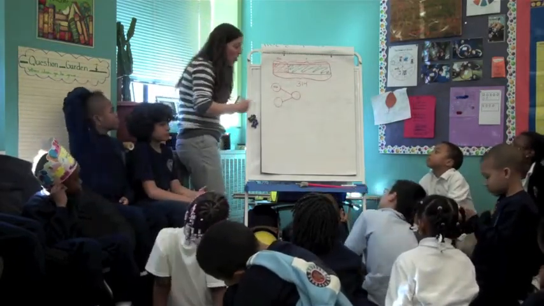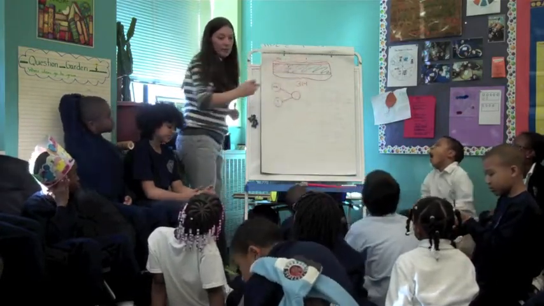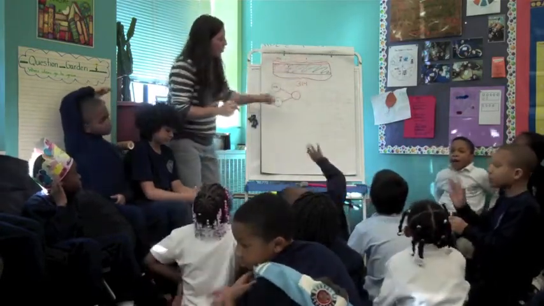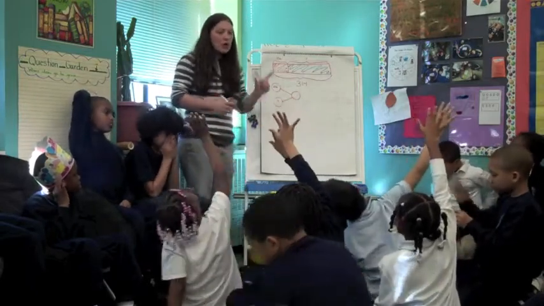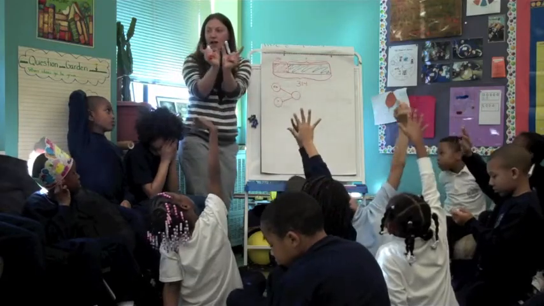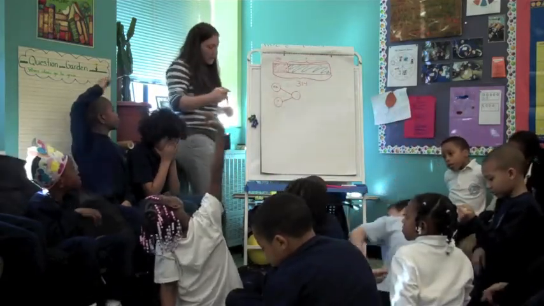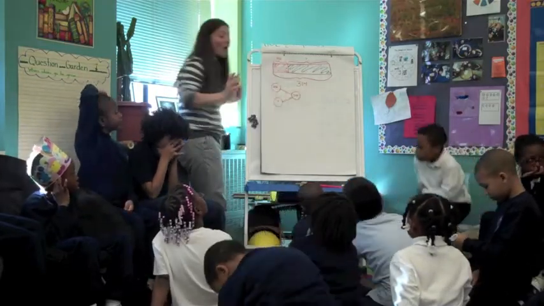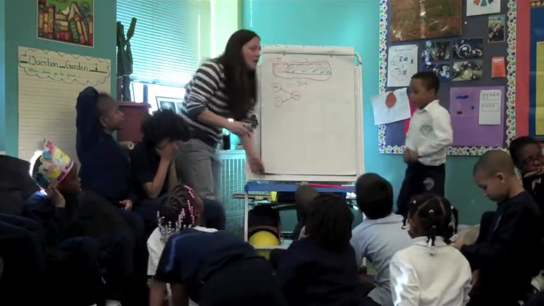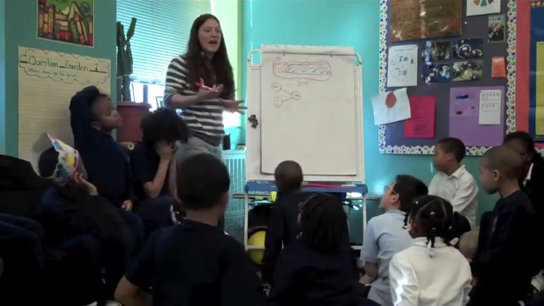I don't know what that part is. I have to solve for it, right? And what is the whole? How much did I get when I put both parts together? 314. Awesome. Now when I'm doing a number bond, I can create my fact families.